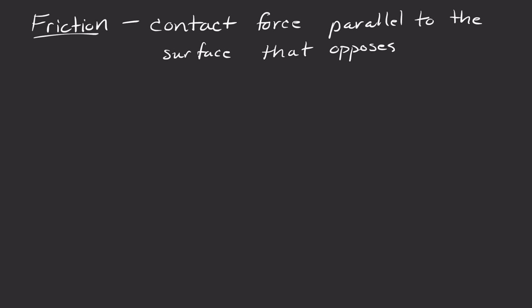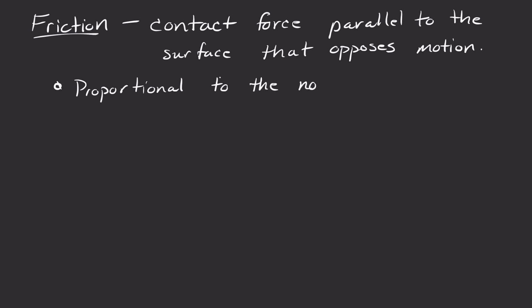So it tries to stop an object or slow it down, or it tries to keep it from moving in the first place. It turns out friction is proportional to the normal force.